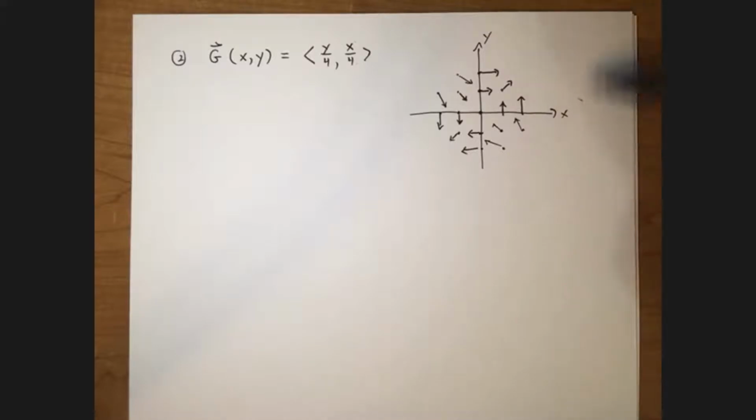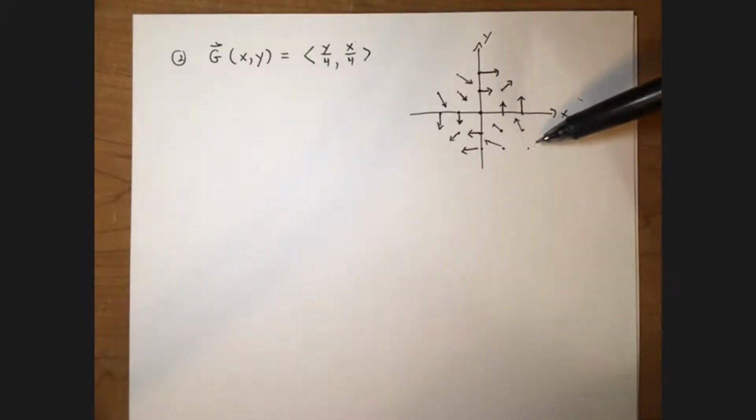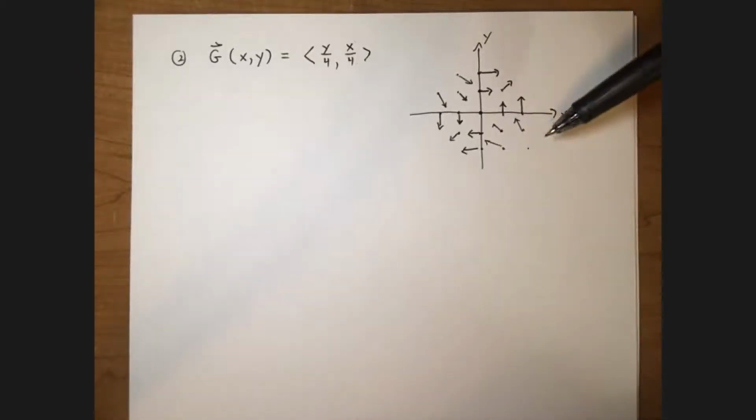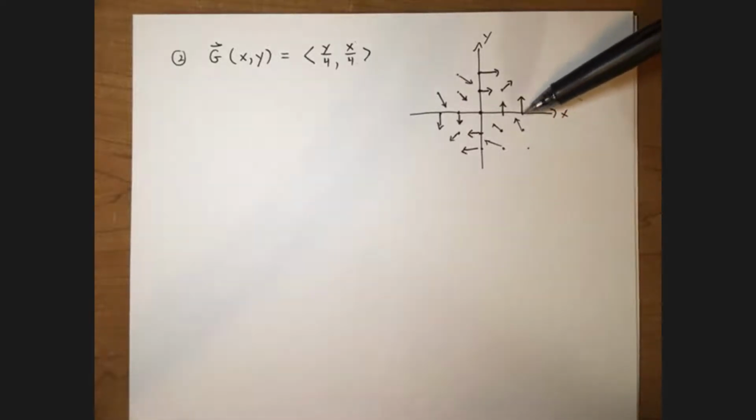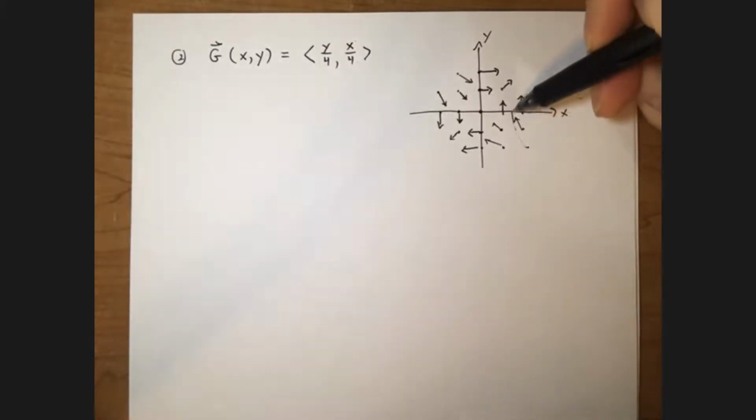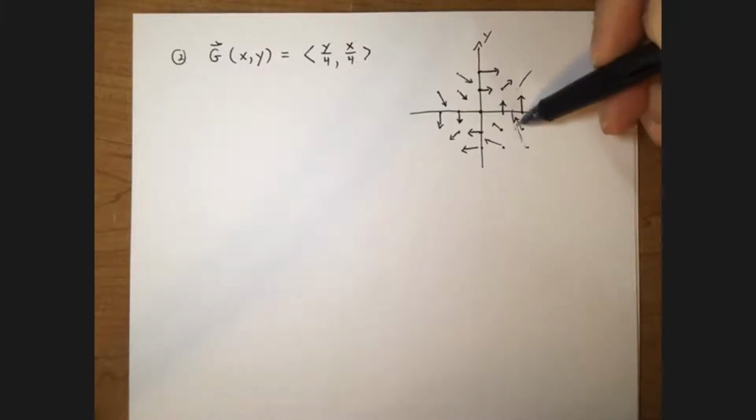So if you imagine that we're looking down on a river, and the water is flowing around in this river, if you dropped a particle into the river, like a little ping pong ball, you could ask, where is that ball going to go? Well, it's going to follow these vectors because this is the direction of the fluid flow. So this ping pong ball would flow up this way and then over here and then kind of go out this way.